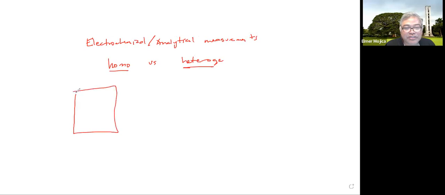So usually if we're going to look at this, this is the electrode. Then you have the electrolyte solution. So here pala, makikita nyo na kung homogeneous siya or heterogeneous, di ba? So an electrode is usually what? A solid, and you have an electrolyte solution which is a liquid.